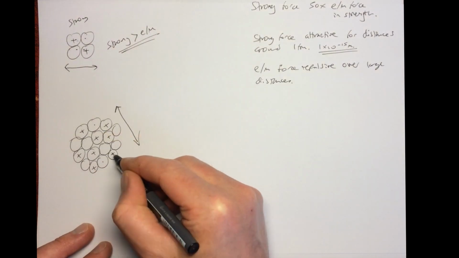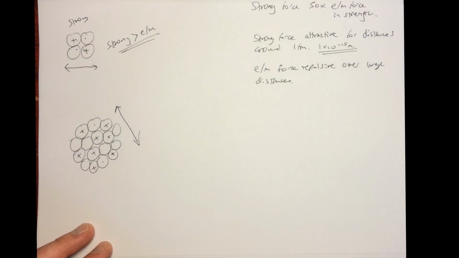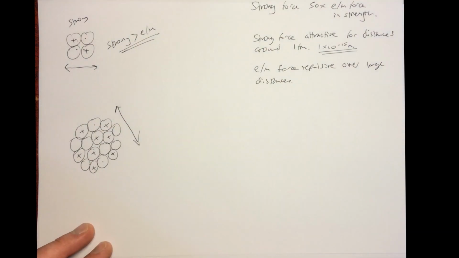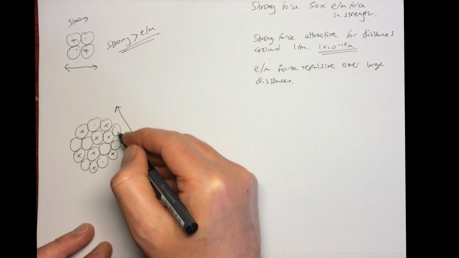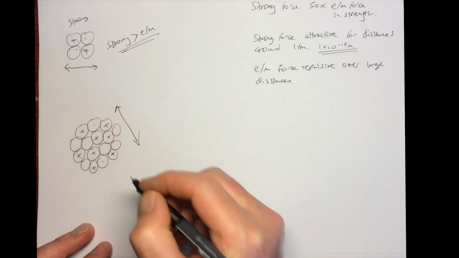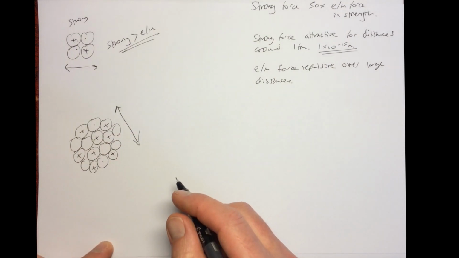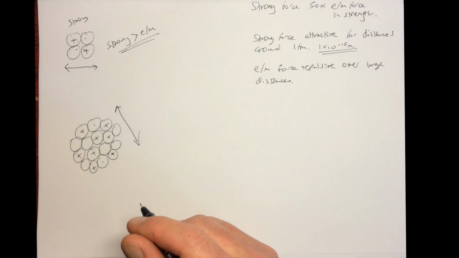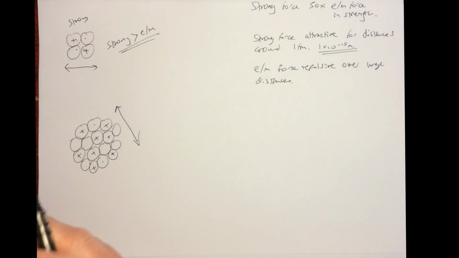But these 2 nucleons here experience a fairly large electrostatic repulsion. So these 2 are attracted by a fairly small force. These 2 are repelling each other with quite a large force. So that means that for larger nuclei, the electromagnetic force of repulsion increases more than the strong force of attraction increases.